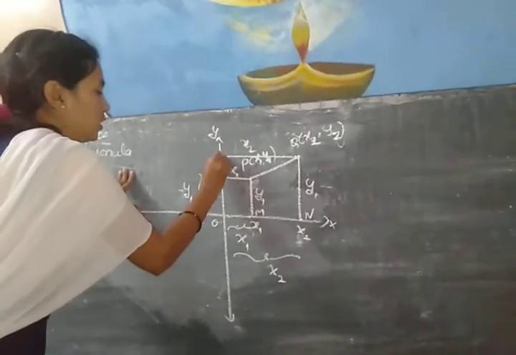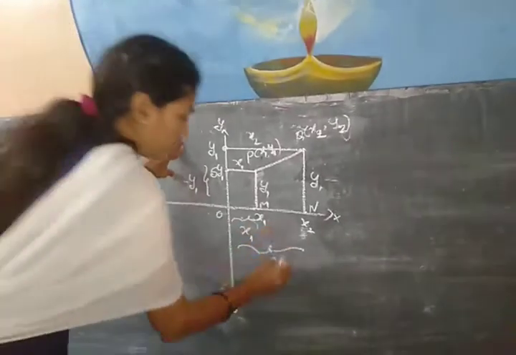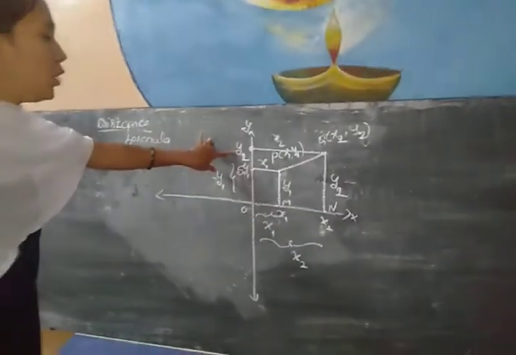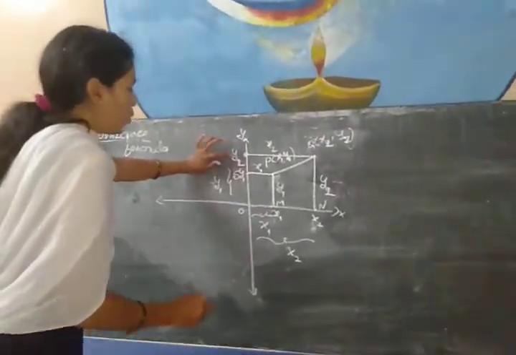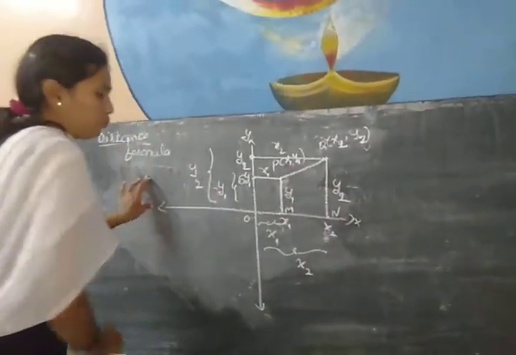Here this value is y1. This is y2, so y2 is the value represented on the y-axis. So this total value is y2.